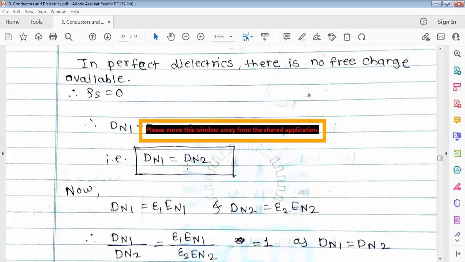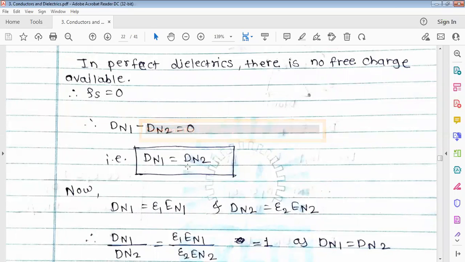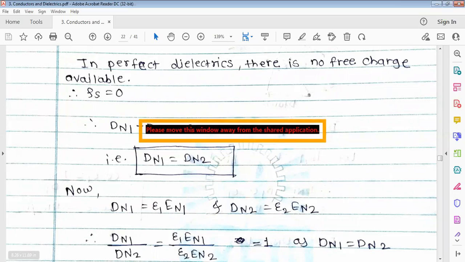So we have to relate these. Now we know the relationship between d bar and e bar, right? So d bar is equal to epsilon e bar. Therefore dn1 is equal to epsilon 1 en1, and dn2 is equal to epsilon 2 into en2. Here, to find this one component only, we are taking the ratio.